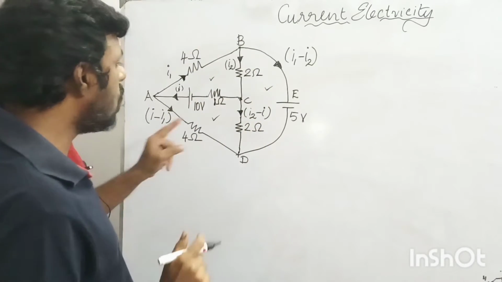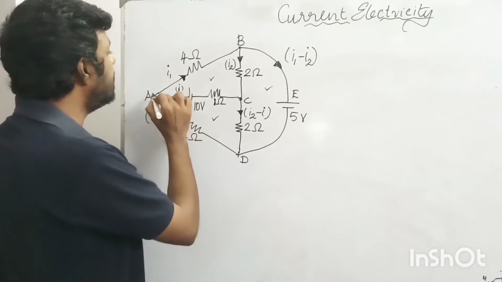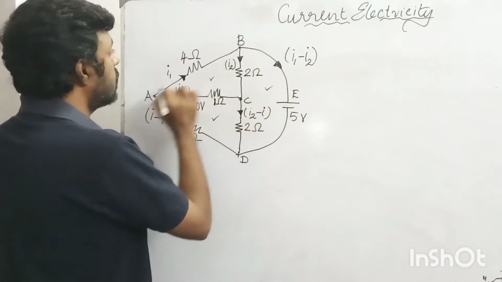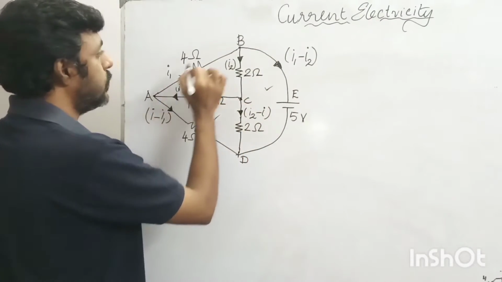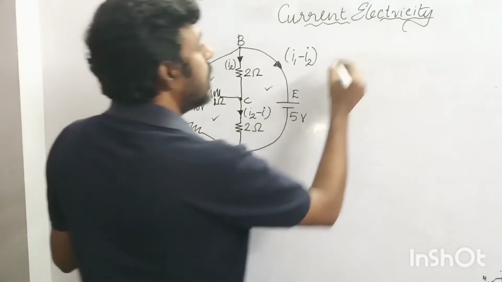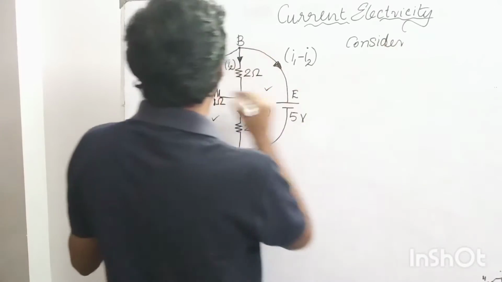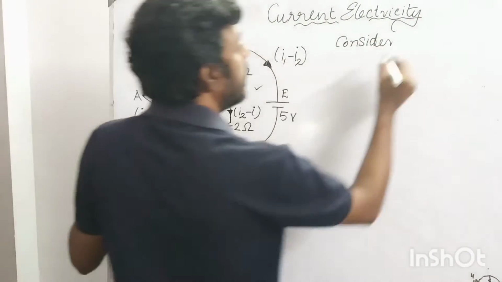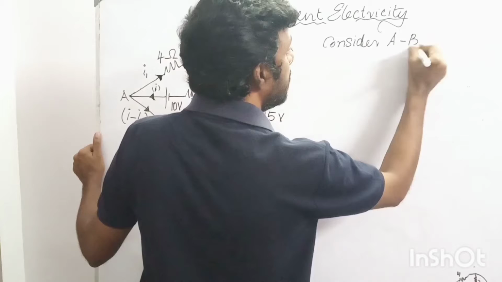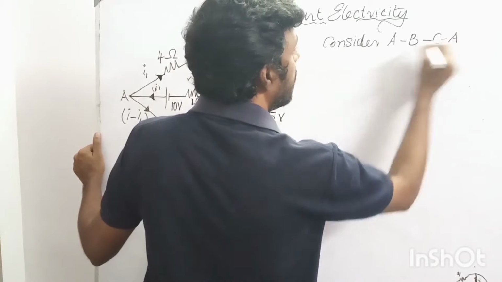Now what I'm going to do is consider this loop. Let us consider loop ABCA.